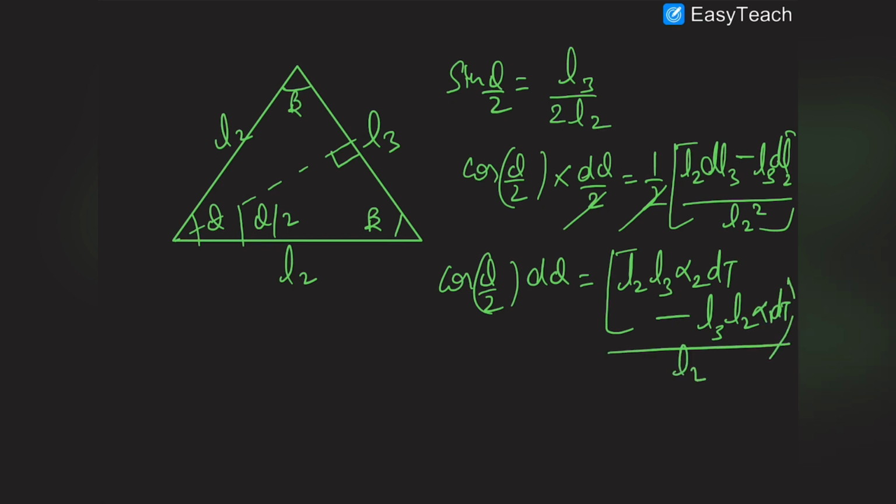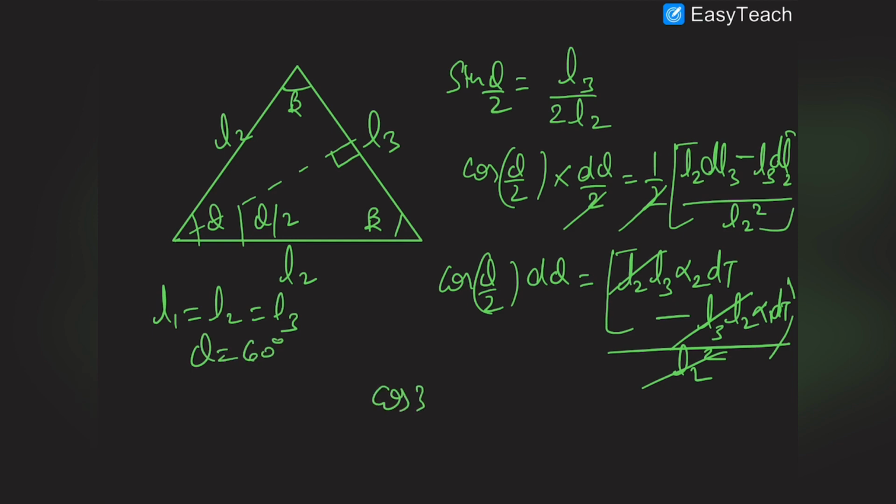divided by L2 square. So these L1, L2, L3 are the initial lengths, and we know initially L1 was equal to L2 was equal to L3. So we can cancel out this L2, L3 with L2 square, and initially theta was equal to 60, so this would be cos 30.